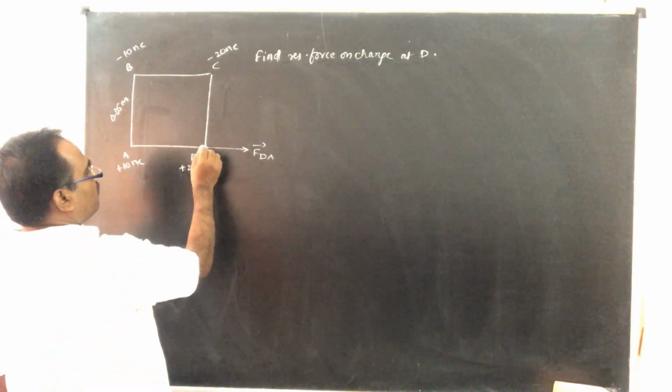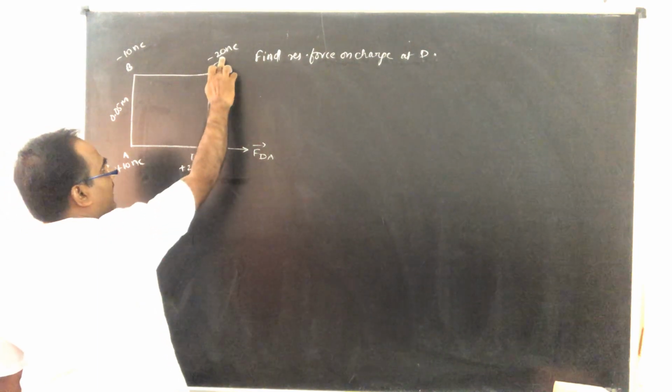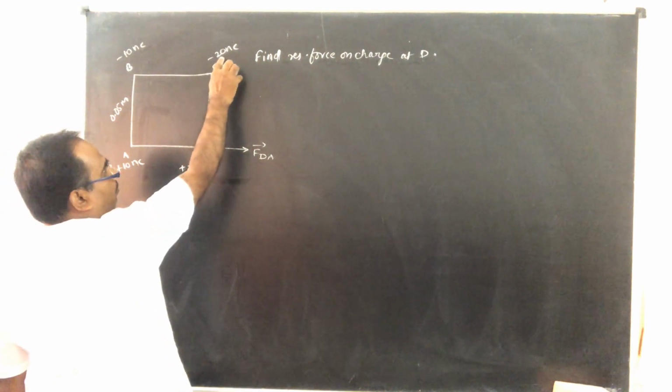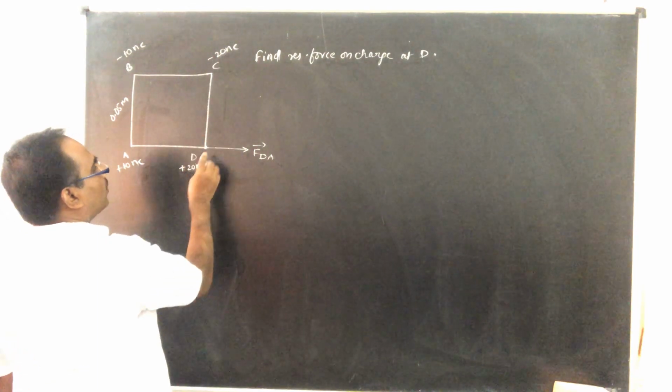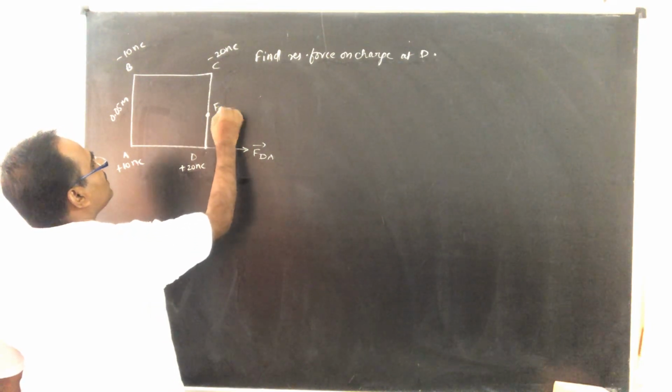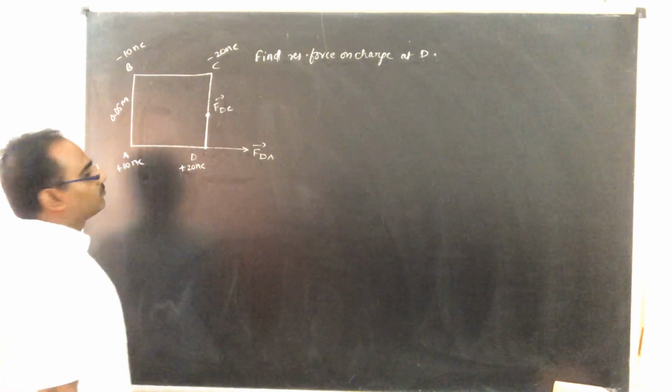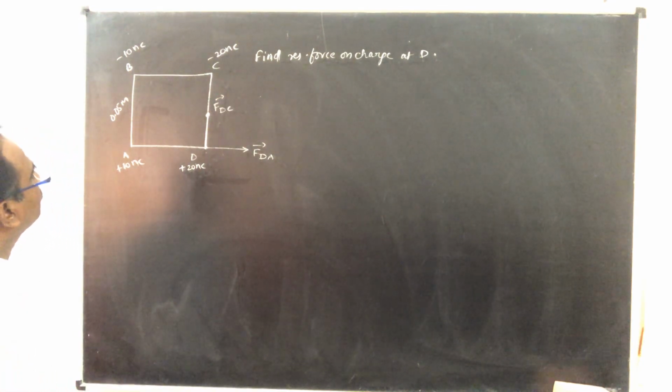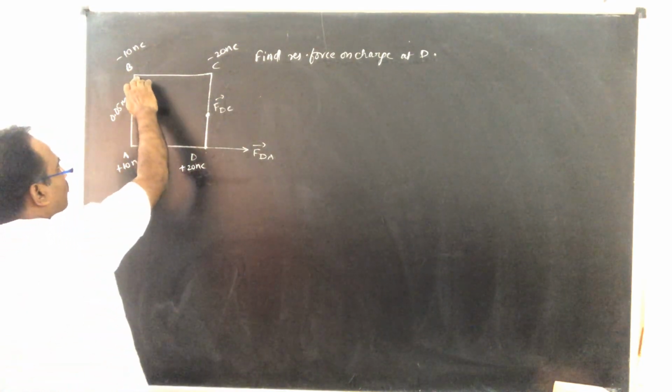Next, the force on the charge at D due to this negative charge. Because of this negative charge, on this positive charge, force will be in this direction. So this is FDC. Next, here is one more negative charge.